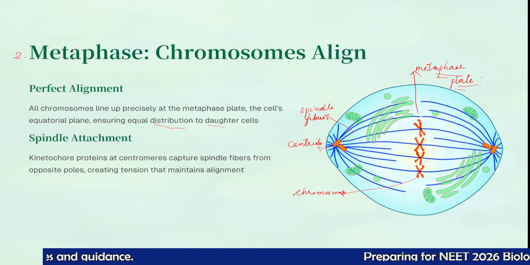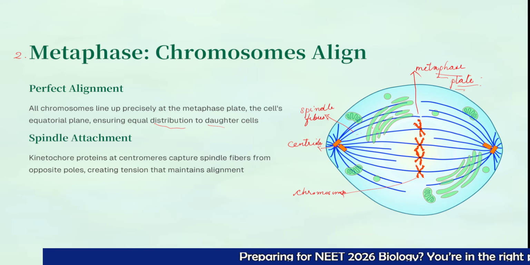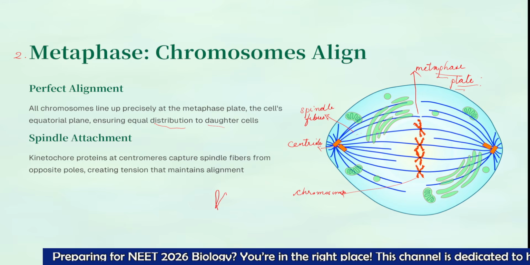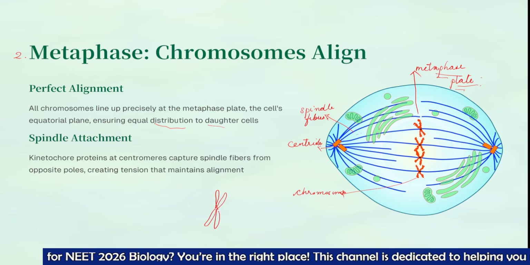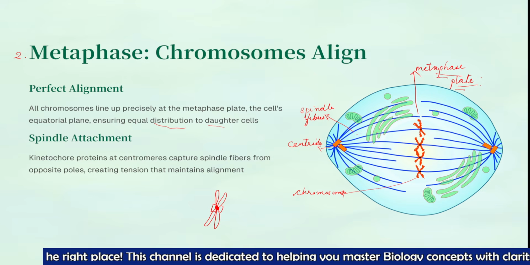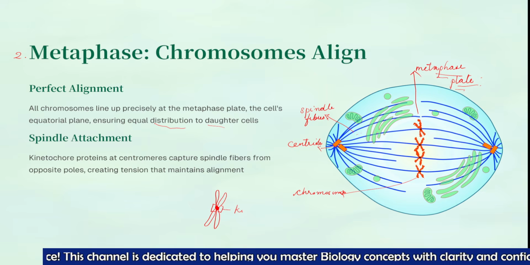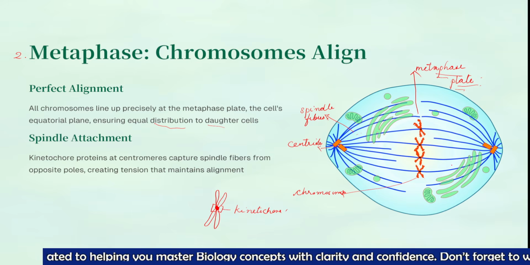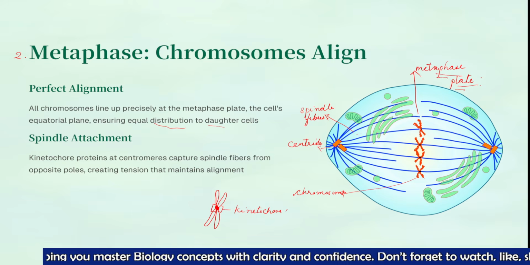And then check here the spindle fibers moving towards the chromosomes, and we know that the chromosomes are attached at the center by the centromere. Next to the centromere, there is a protein structure called the kinetochore.